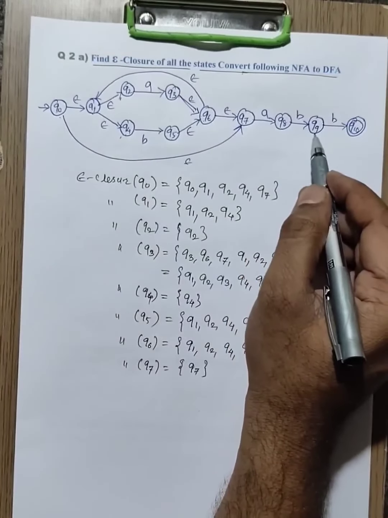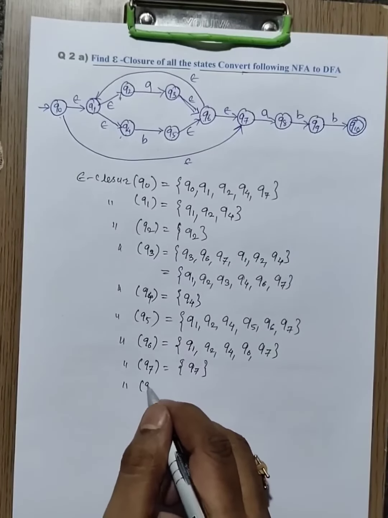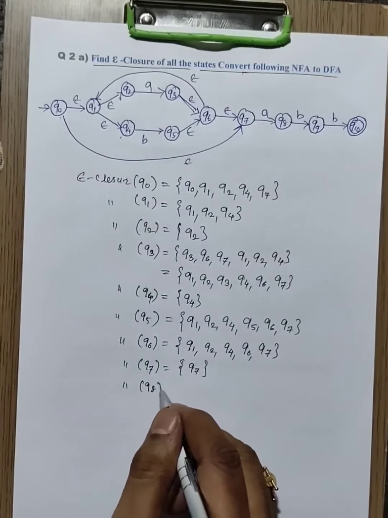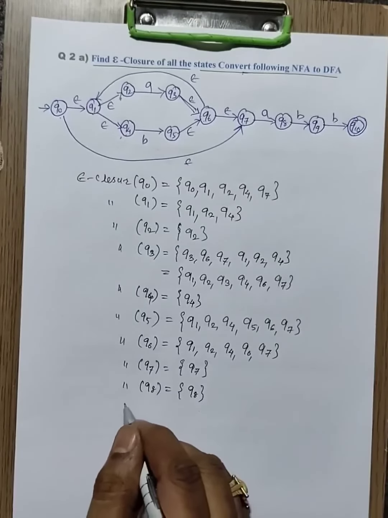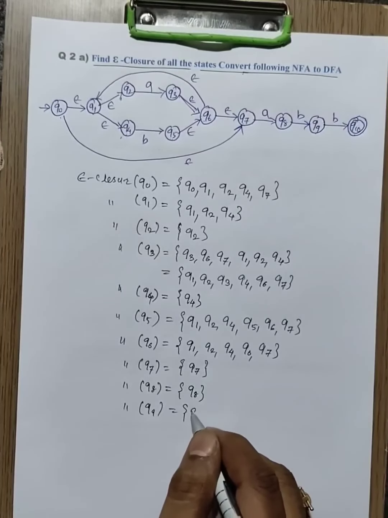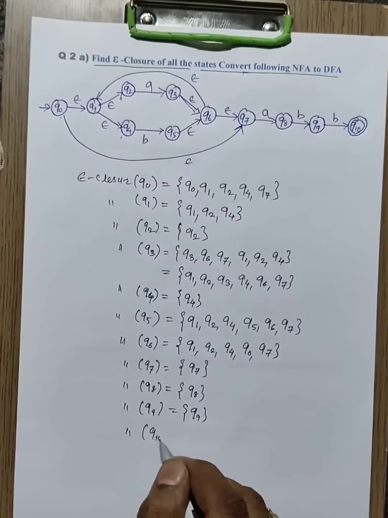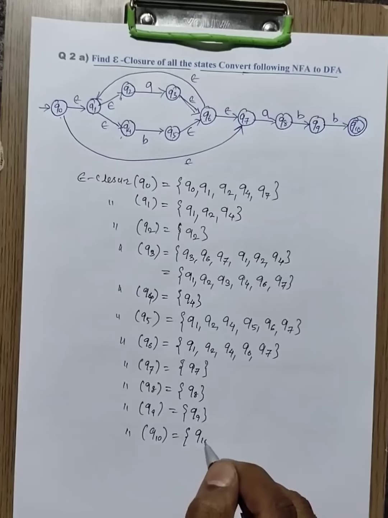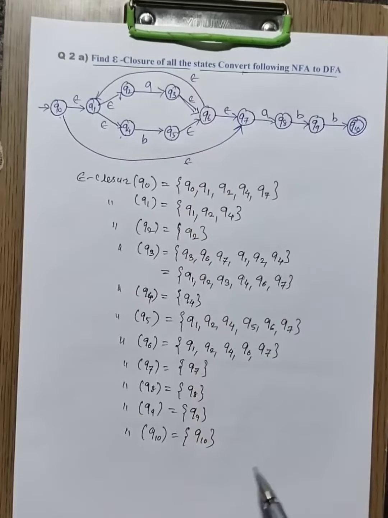Epsilon closure of Q9 is Q9 itself. Epsilon closure of Q10 is Q10 itself. This is called the epsilon closure of each state.